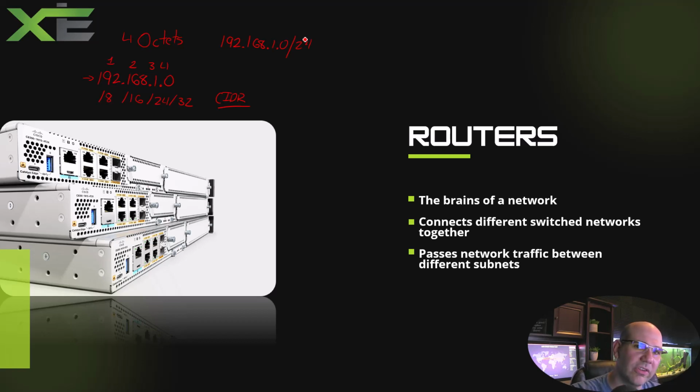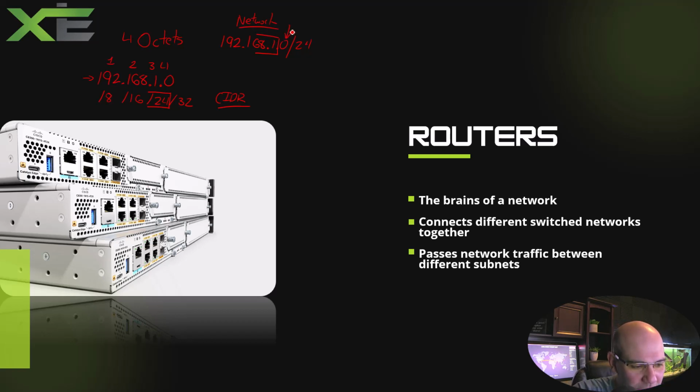What essentially this is saying is that at the end of the 24th bit, that is where the client addresses begin and the network portion of the address ends. So this /24 is saying everything up to the 24th bit belongs to the network. So this is going to assign or dictate what network we are on.